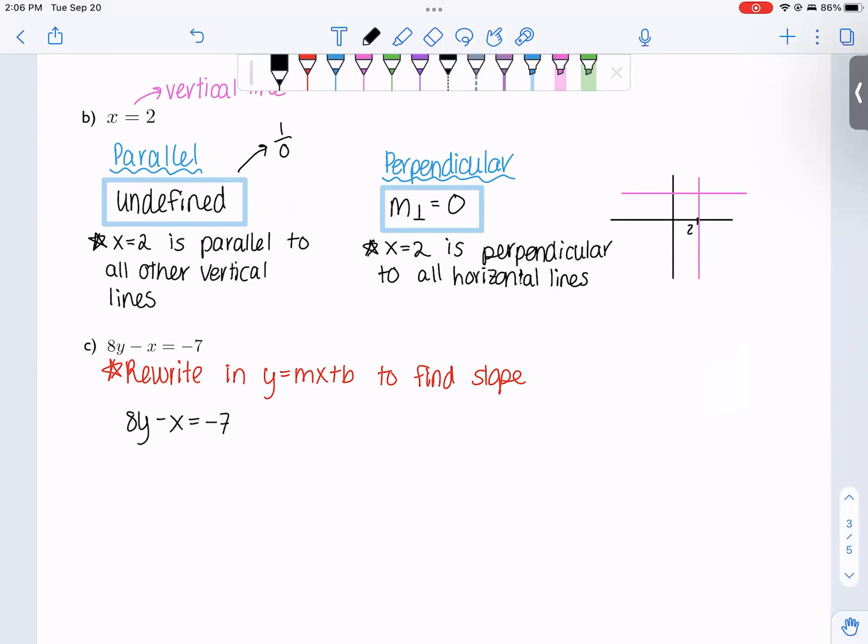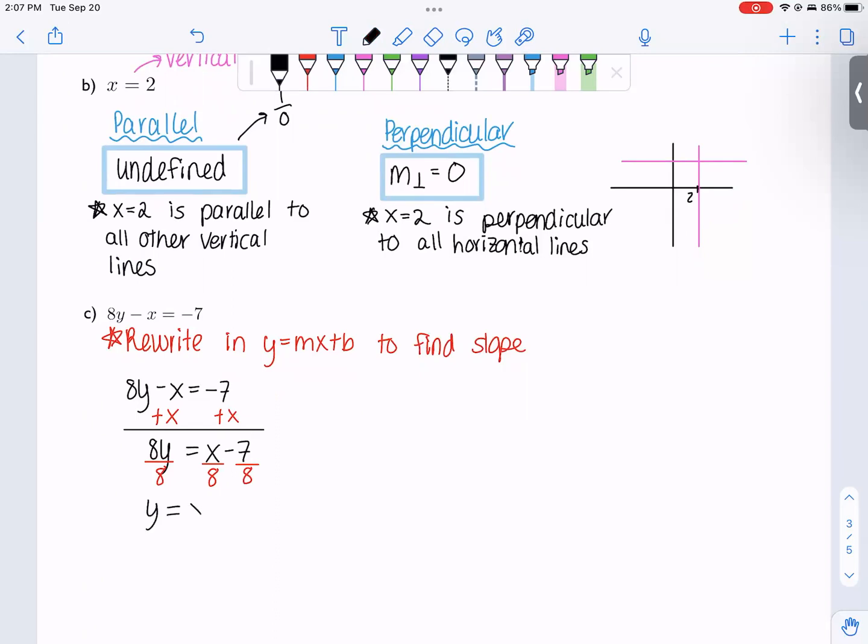We want to get y by itself. I am adding x to both sides. 8y is equal to x minus 7. To get y by itself, I am dividing both sides by 8.